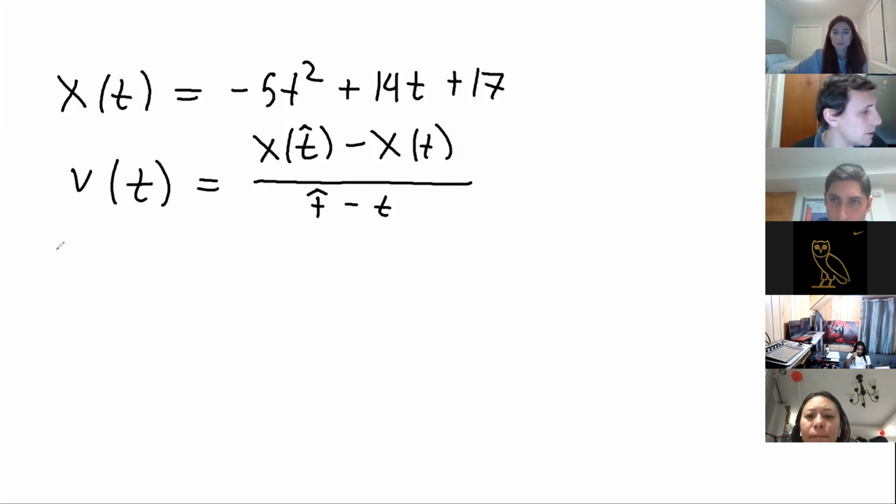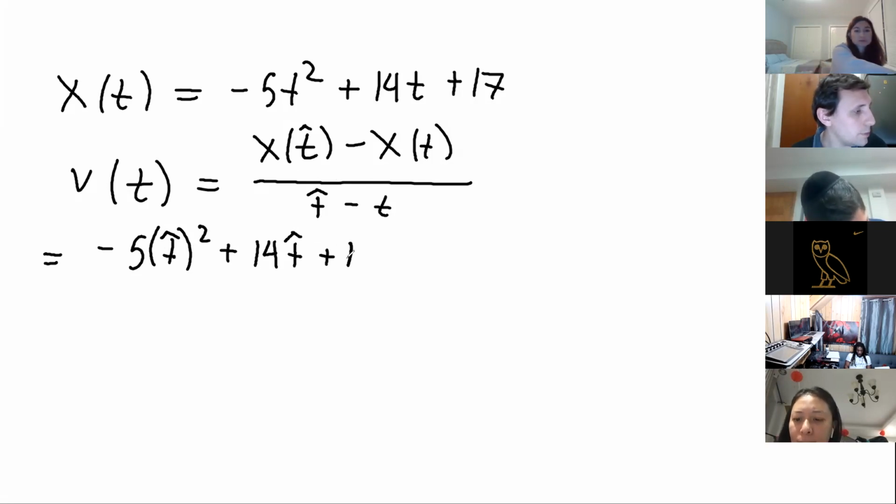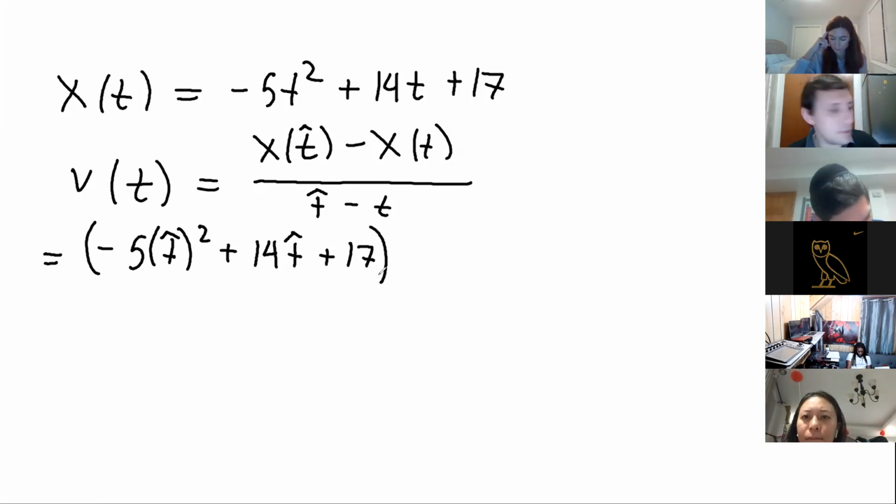So let's write it out. What is x of t hat? That's minus 5 t hat squared plus 14 t hat plus 17. Put it in parentheses.